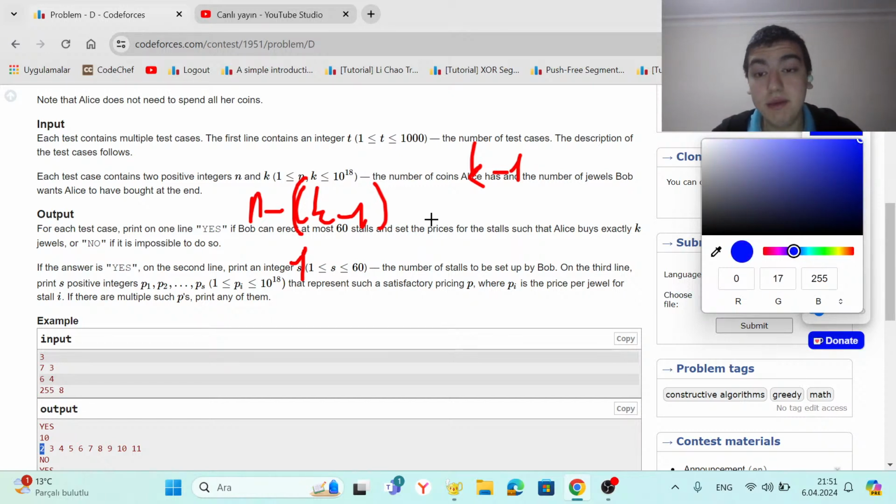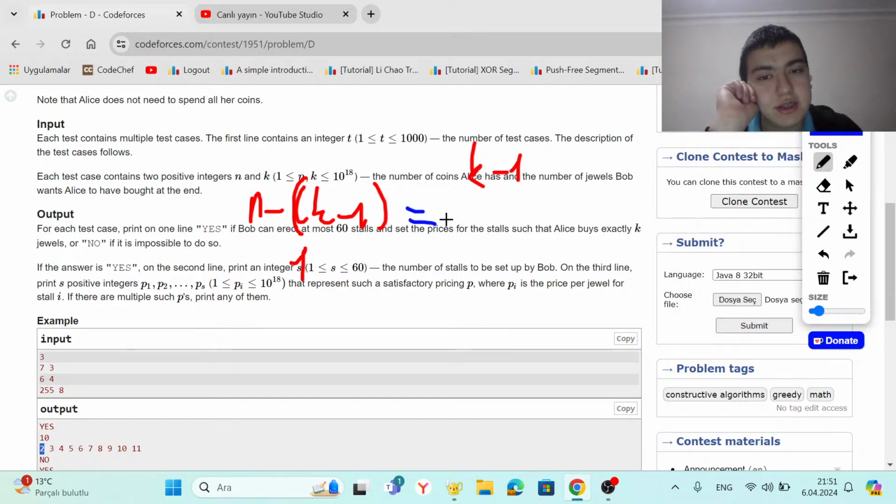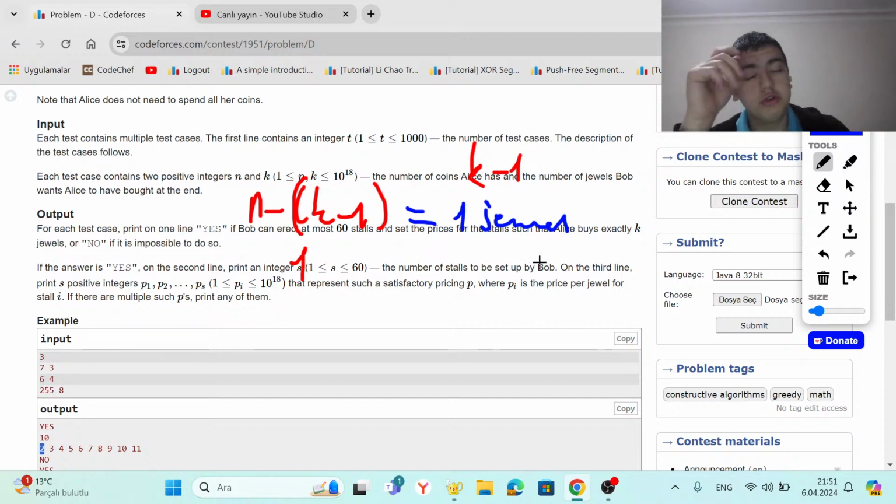I'm not saying we are buying, because in the no case we are buying more than 1. So in this case we can set the prices so that in the first stall we buy exactly 1 jewelry, and our remaining cost should be k minus 1.